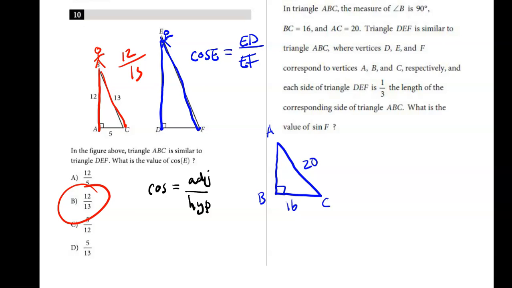Then it says triangle DEF. So DEF is similar, so same shape, but each side of DEF is 1/3 the length of the other side. So DEF is much smaller.